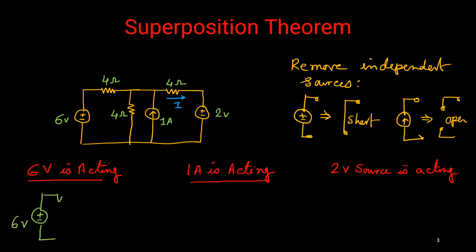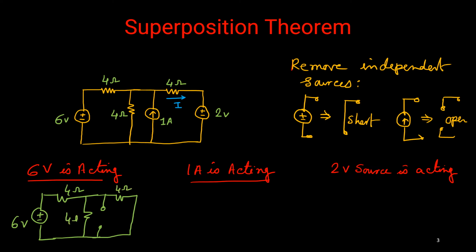This 4 ohm resistance is here. Then this 4 ohm is here. This current source is open circuit. This resistance is here. And this voltage source is short circuit.